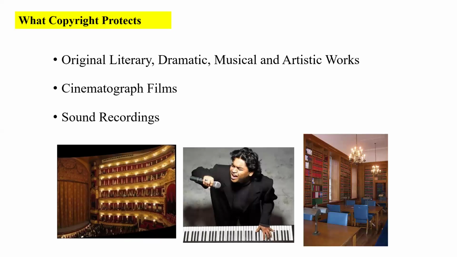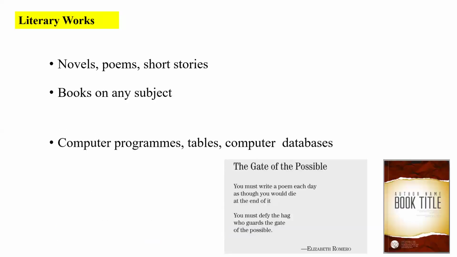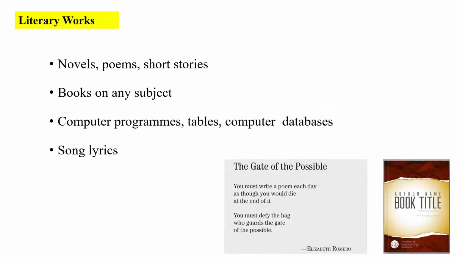What does copyright normally protect? Other than this, if you see a lot of information: literary, dramatic, musical, artistic, right? Then cinematograph films, sound recordings. Literary works include novels, poems, short stories, books.